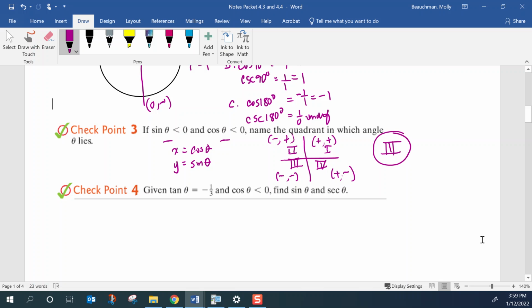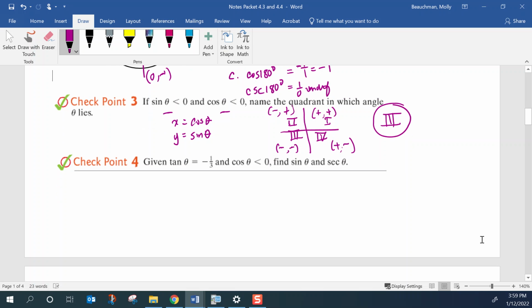All right, last example, we're given that the tangent of an angle is equal to negative 1/3, and the cosine is negative. Find the sine and the secant. So the tangent and the cosine, we have to figure out what quadrant we're in. So where is the cosine negative?